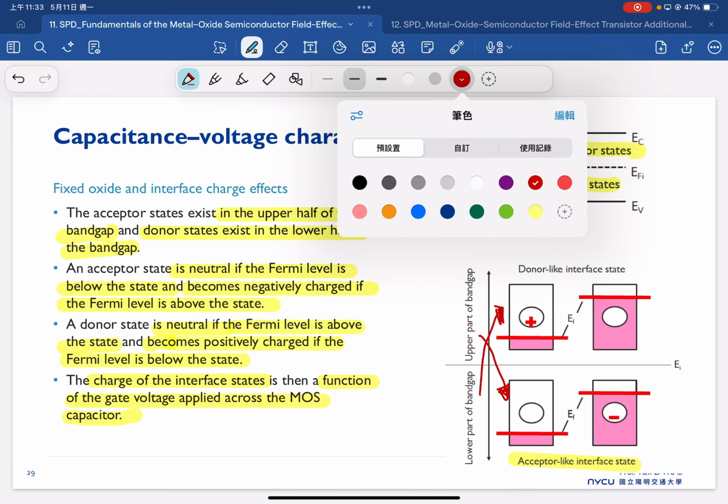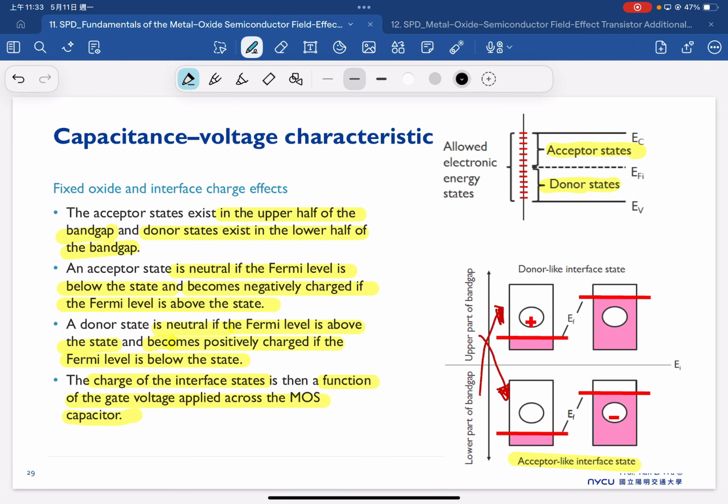To give us more sense of how this reflects in our ID-VG characteristic, let's make a quick example. Most textbooks, when they talk about this, just stop here, and then you get so confused about how this in the end influences the characteristic and why this is important.